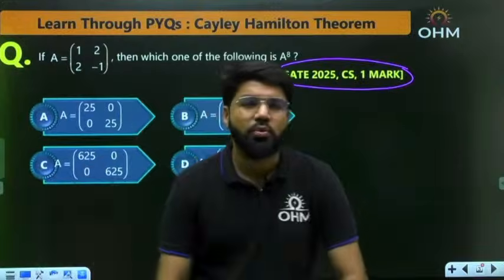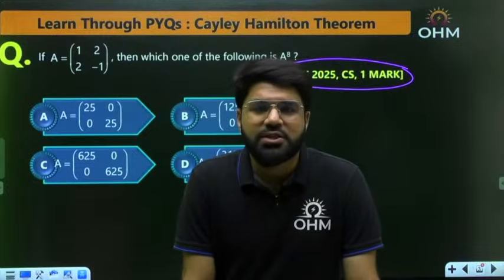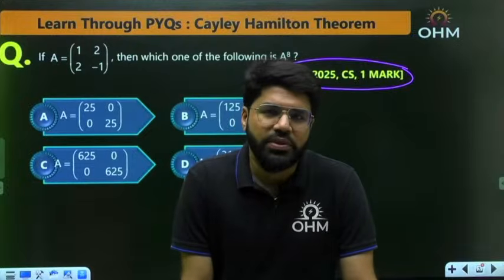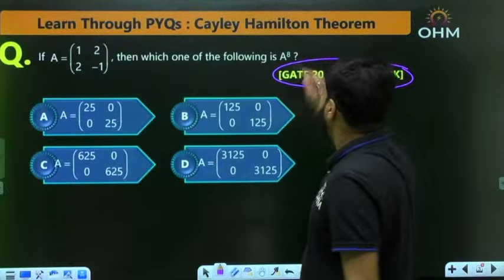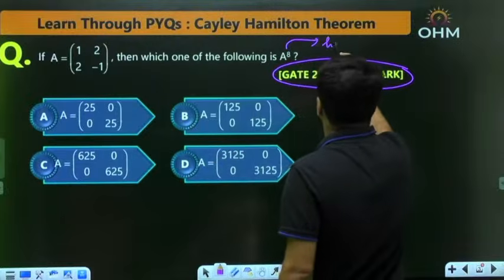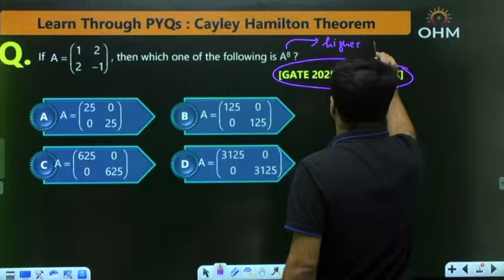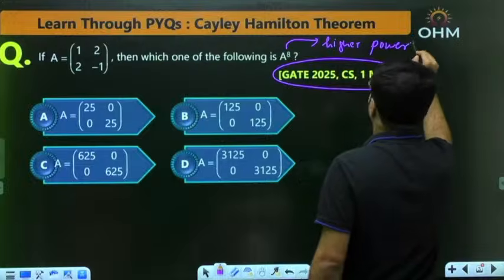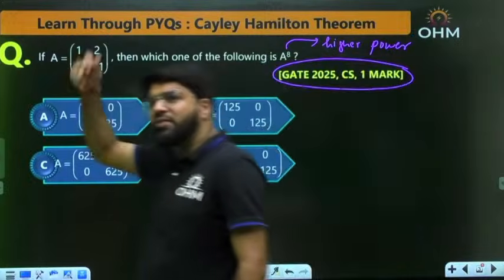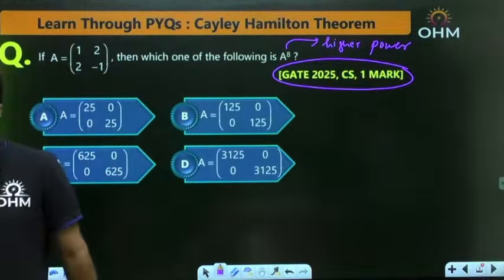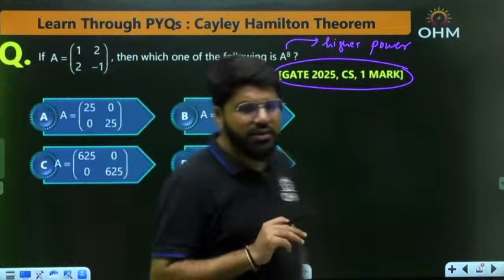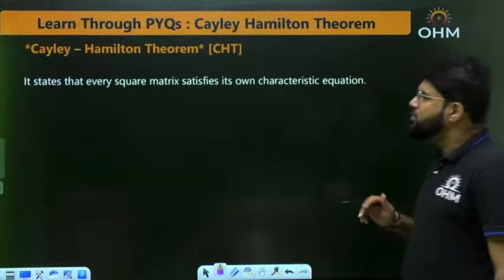Now what is important here is, the question will never say that it is a Cayley Hamilton based question. Whenever you look at any higher power of A, whether it is A power 8 or A power 4 or even higher, you can think about the Cayley Hamilton theorem. What is that theorem?